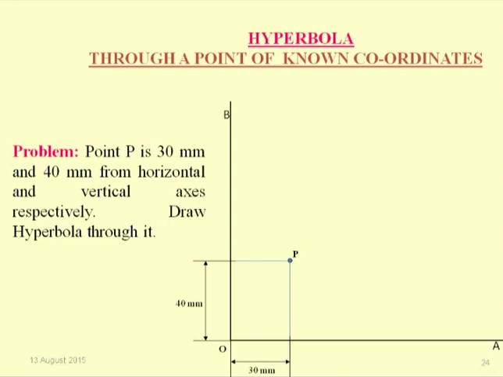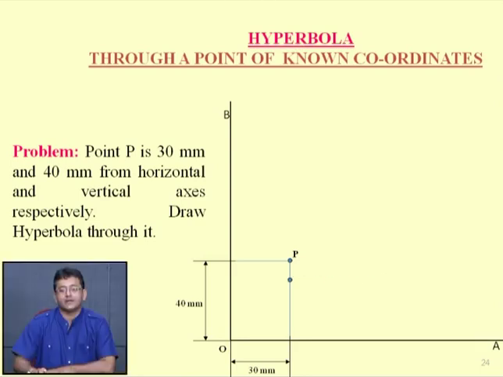Now draw a vertical line from point P to the axis, divide this vertical line into an equal number of parts and name them 1, 2, 3.